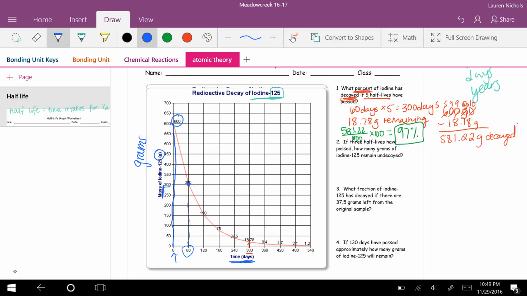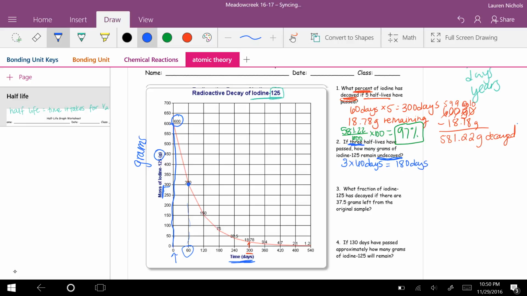Problem number 2 says if 3 half-lives have passed, how many grams of iodine 125 remain undecayed? So that's important. We know that 3 half-lives have gone by, and they want to know how much is undecayed or how much is left over. So we can say, all right, 3 times our 60 days gives us 180 days.